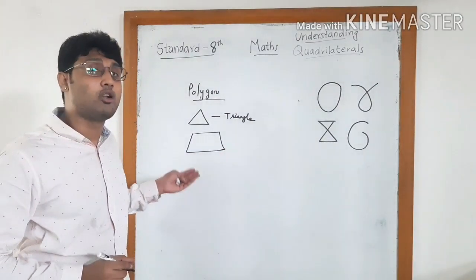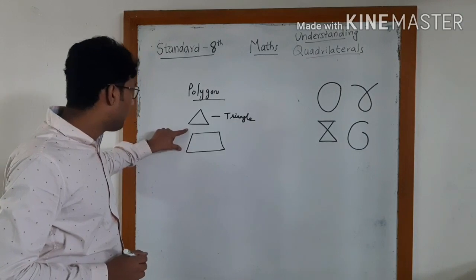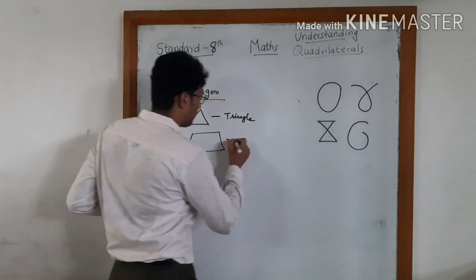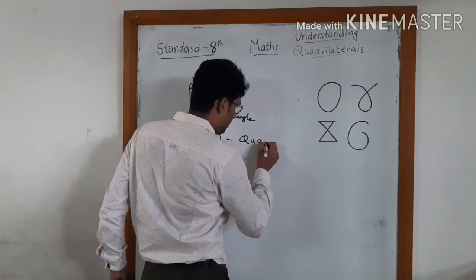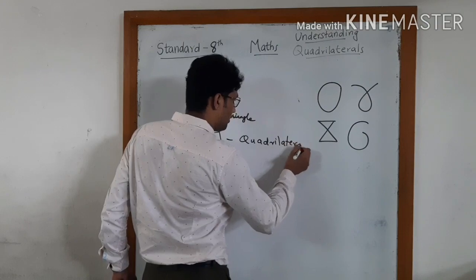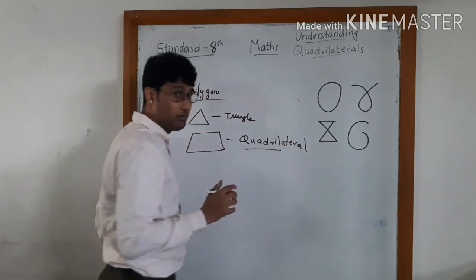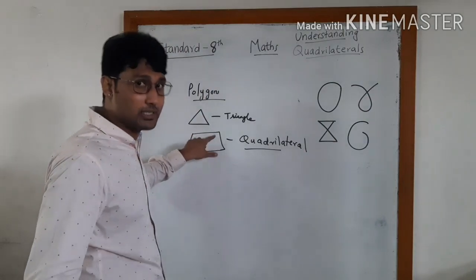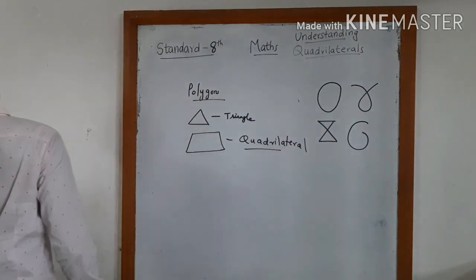this, which is called a quadrilateral. By quadrilateral I mean it has 4 sides. Quadri means 4, lateral is side. A polygon having 4 sides is called a quadrilateral.